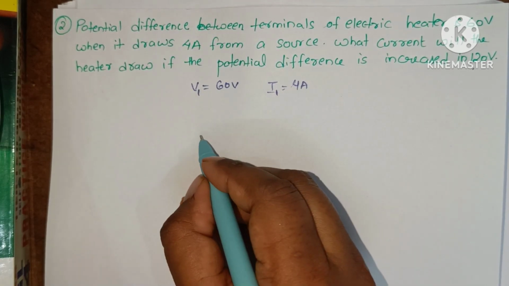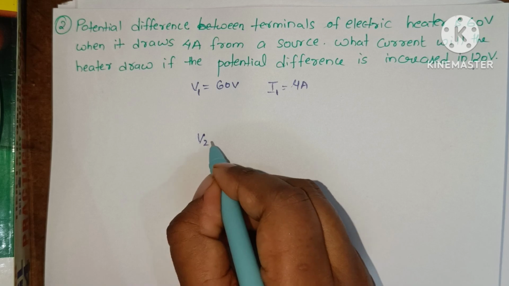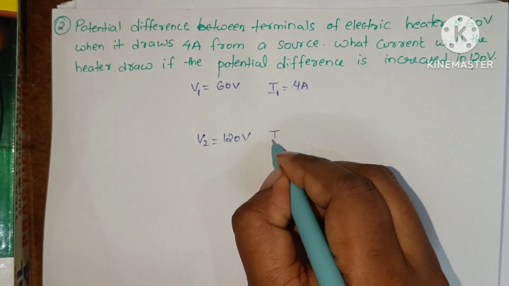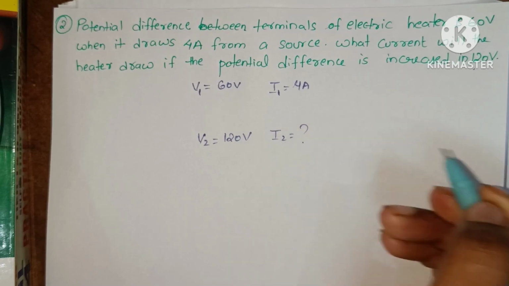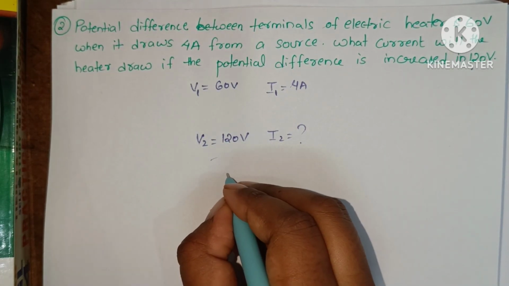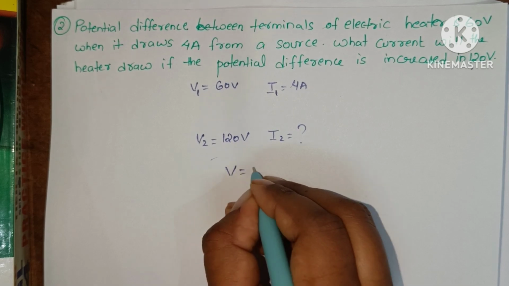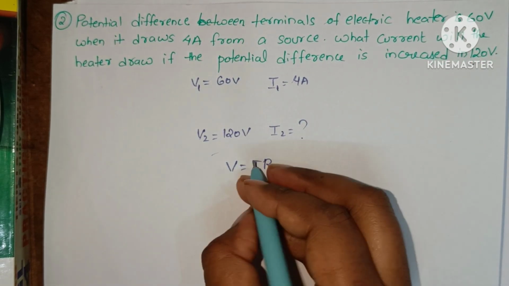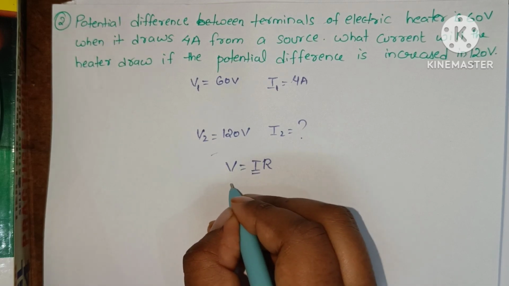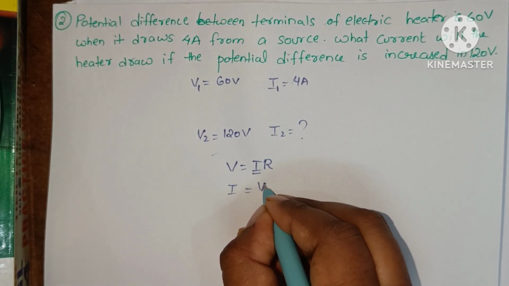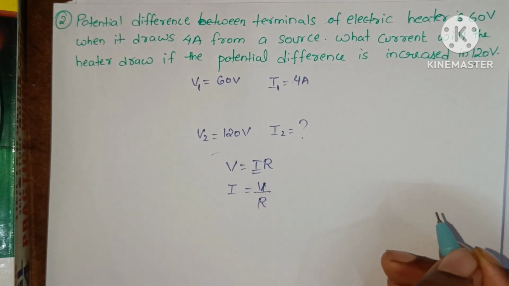If voltage increases from V1 to V2, that is 120 volt, then what is the current? For finding the current, you know the formula: V equal to I into R. For getting I, you send R to this side. Then I equal to V by R.